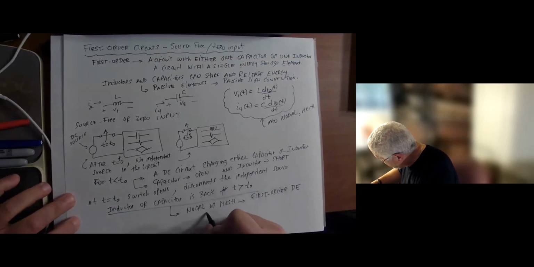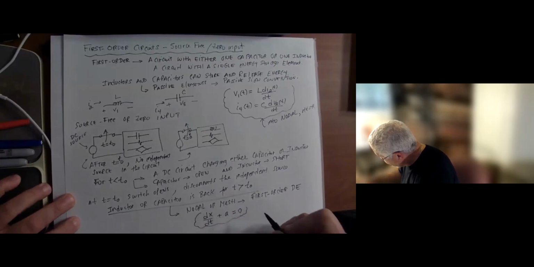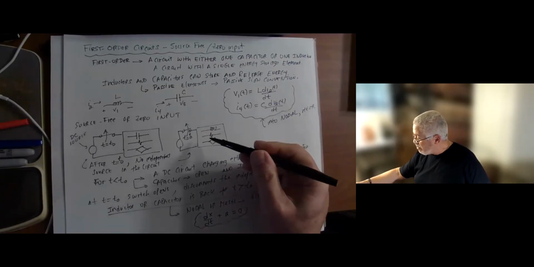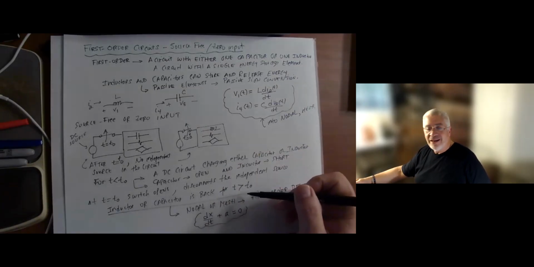When we do that, the first order differential equation we're looking at is something like that. That is first order and homogeneous. It's homogeneous because it has no independent source after T greater than T naught, when the switch opened.